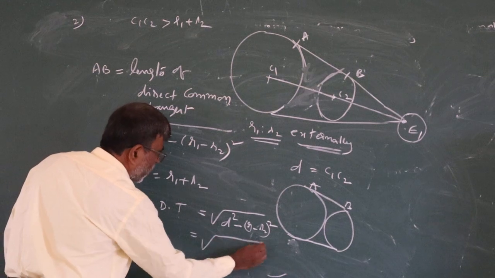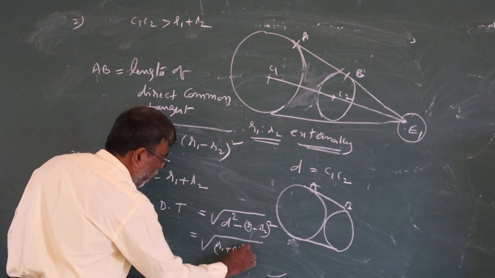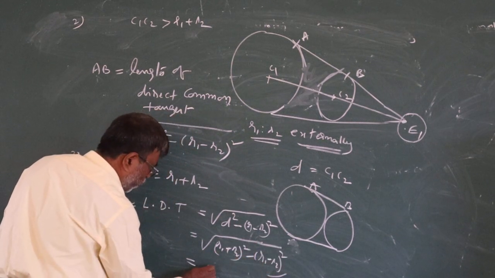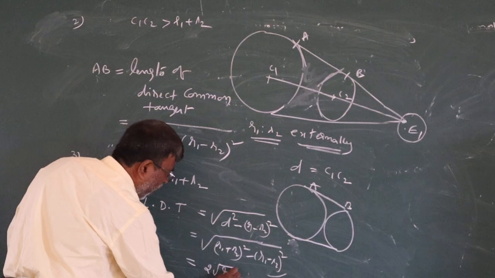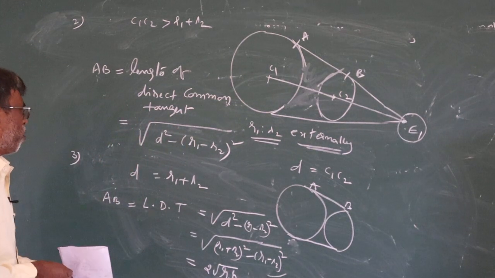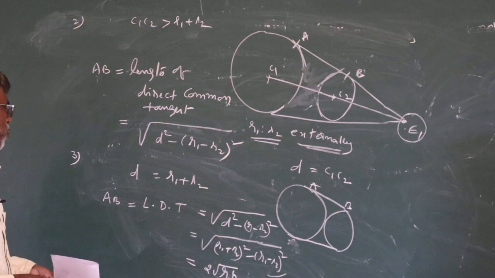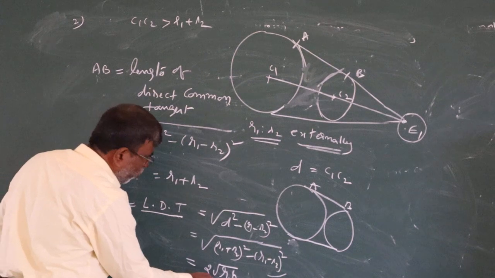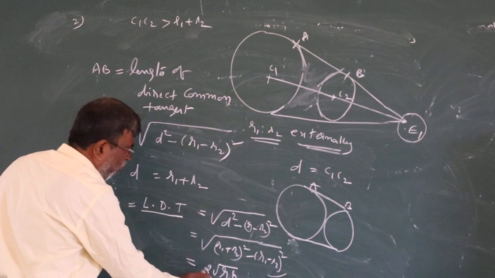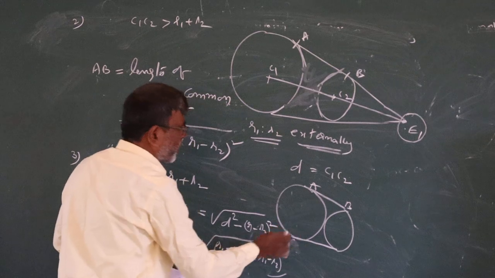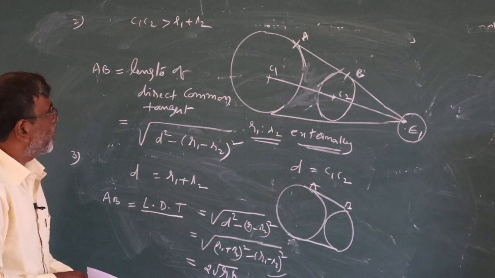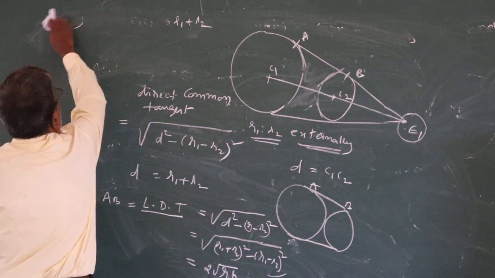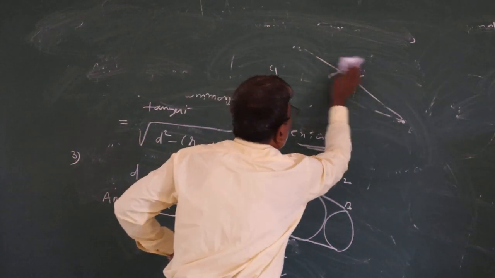Substituting d as R1 plus R2, (R1 plus R2) whole square minus (R1 minus R2) whole square gives 4R1 R2, so the length is 2 root of R1 R2. This formula is most useful while solving some typical problems. So the length of the direct common tangent is 2 root of R1 R2 when the two circles touch each other externally.